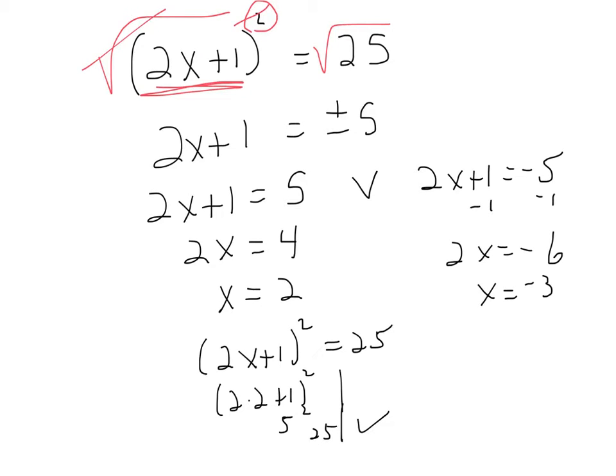Okay, and when I put in negative 3, I'll get 2 times negative 3 plus 1 and square it. And I want to know if that's equal to 25. And of course, this is negative 6 plus 1 squared, which is negative 5 squared, which is 25.